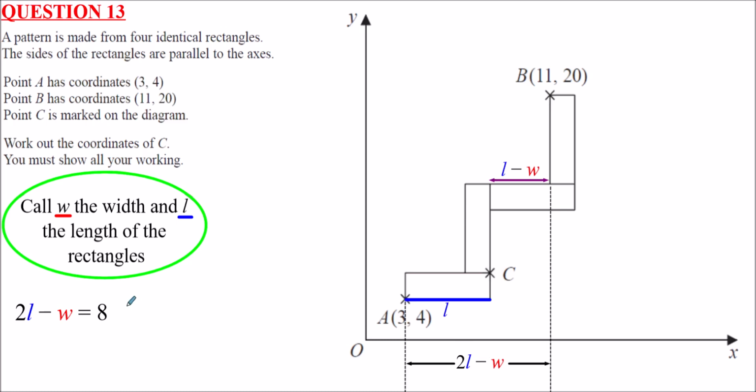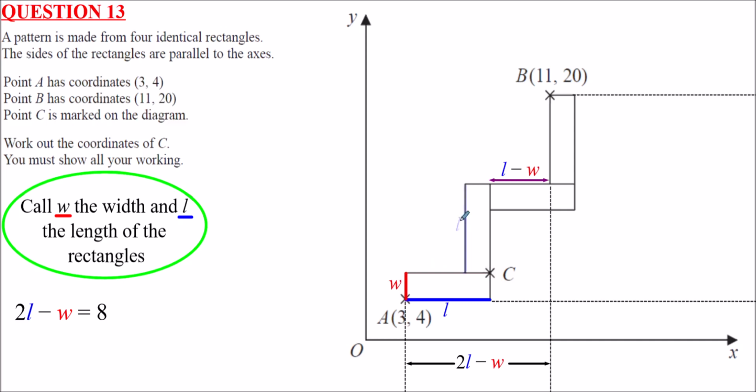We can then do the same idea exactly, but thinking about going vertically. So vertically, A is 4 units for Y, B is 20 units for Y. So from A going up to B is 16 units. So we can do this by going up here, which is a width. That takes us up to this point.